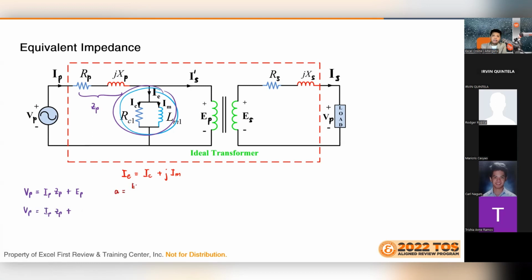Ang A natin ay EP over ES, correct? So definitely, ang EP natin is AES, correct? So from this, we'll have here AES, correct?